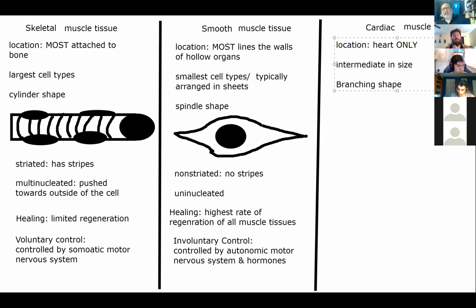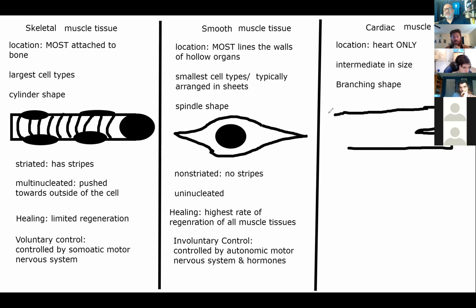It is similar to skeletal muscle in that they're kind of cylinder-shaped cells, but these cylinder-shaped cells will have multiple branches coming off of them. So they have this kind of irregular branching shape. They're kind of this interesting combination of skeletal and smooth.